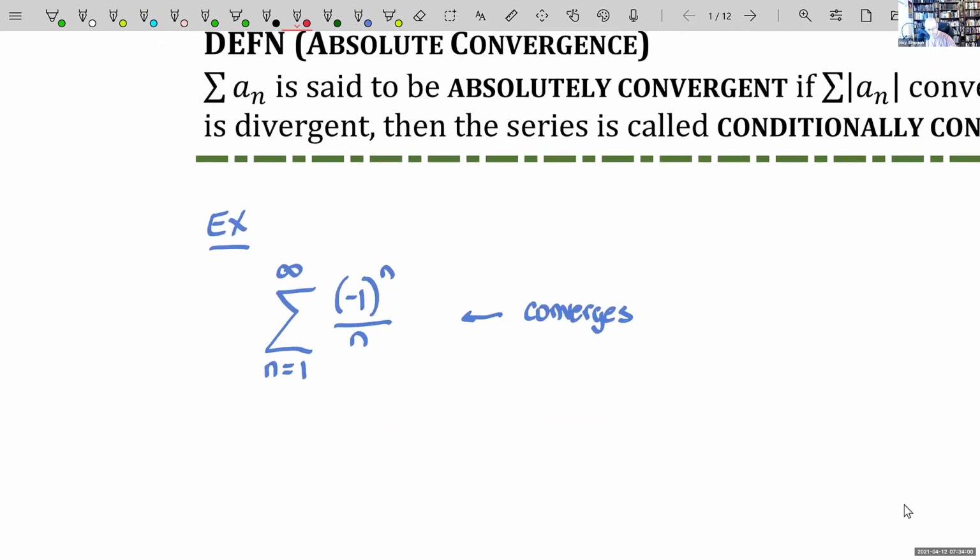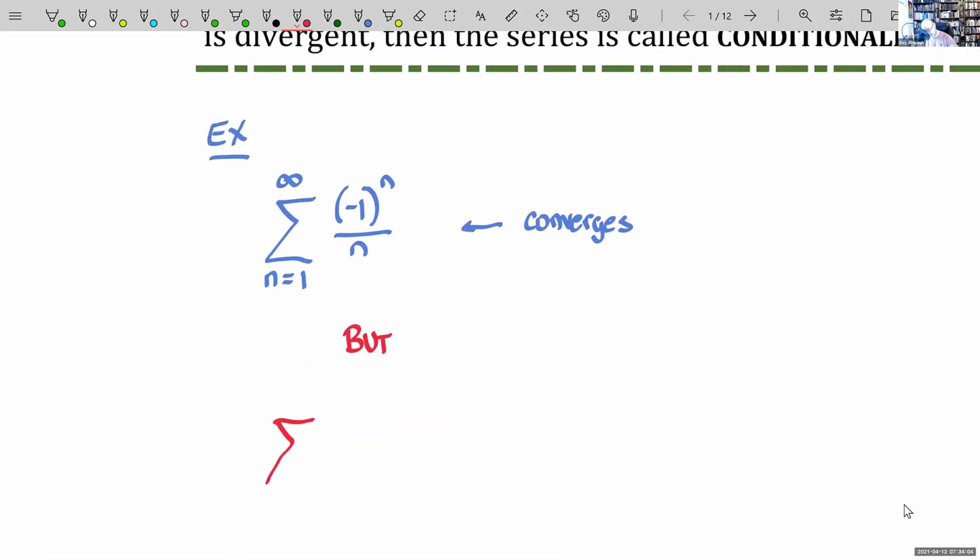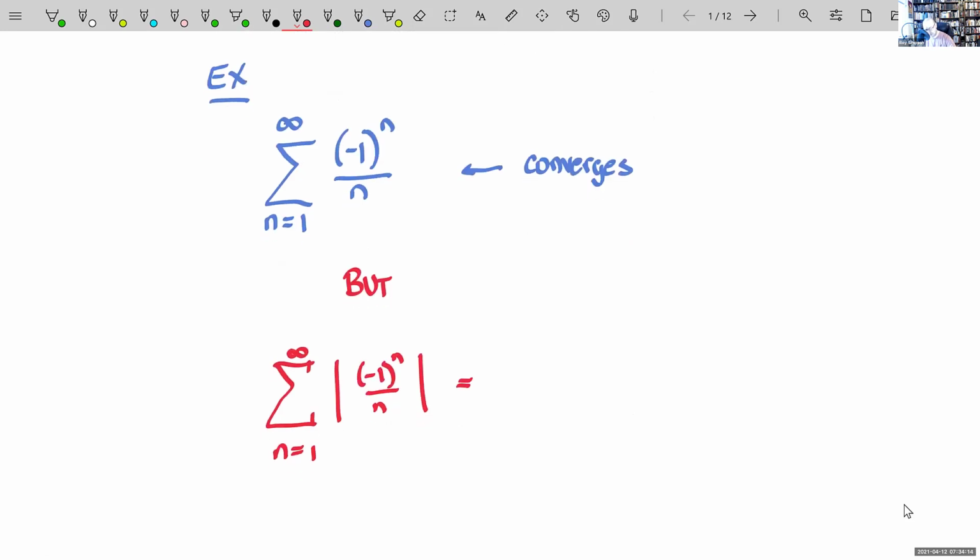But the series from n equals 1 to infinity of the absolute value of the terms of that sequence, well, that would be the series from n equals 1 to infinity of 1 over n. And we know that diverges because that's the harmonic series.